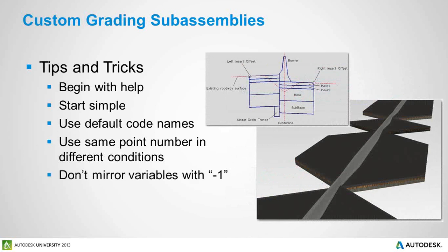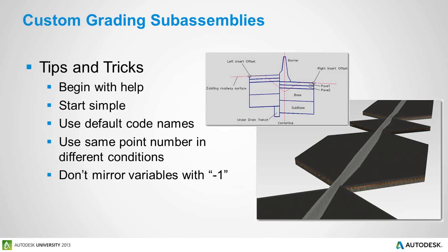All right, another thing I've learned is don't get lazy when you build this. I did an assembly that did an HOV widening into the median, and it figured out the geometry based on the right side being lower. Everything was done with variables, and we just said, okay, if the left side is lower, multiply them all by -1.